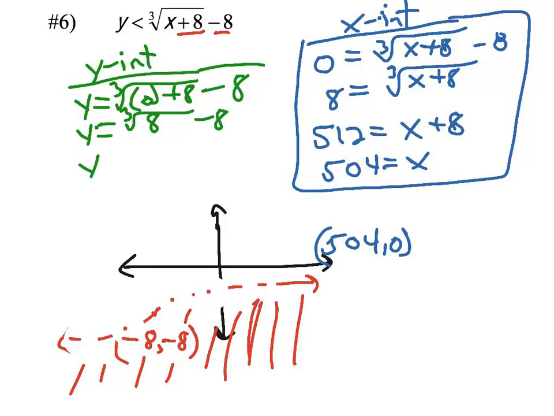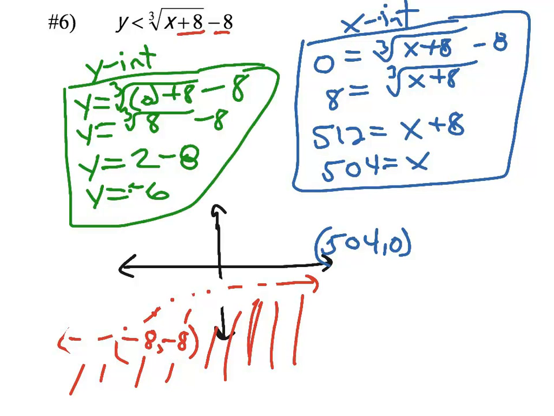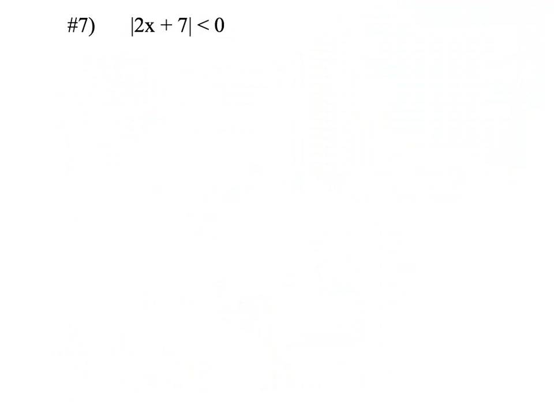The cube root of 8 is 2. 2 times 2 times 2 is 8. 2 minus 8 is negative 6. So your y-intercept is 0, negative 6. And that's number 6. The directions here for 7 are to solve the inequality, not to graph it.